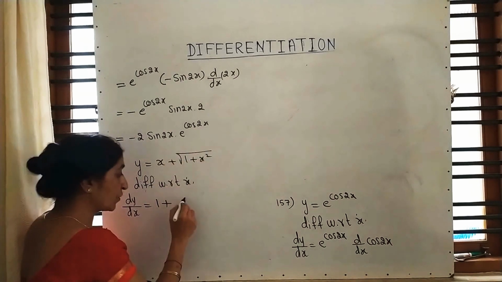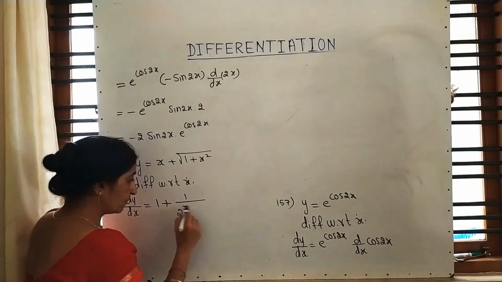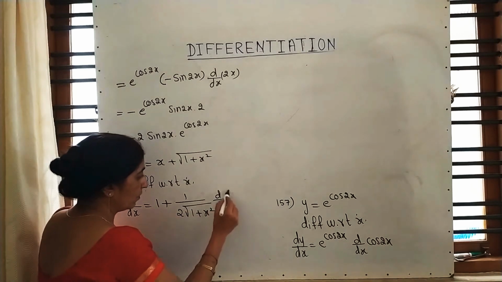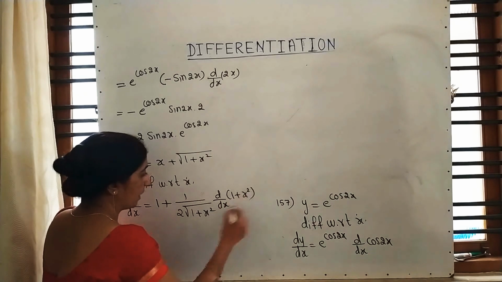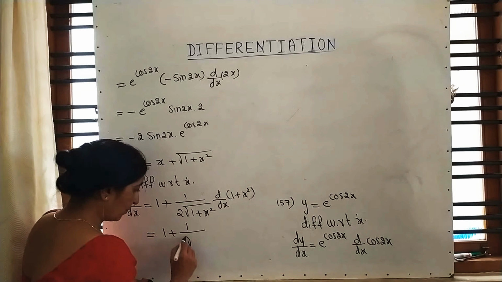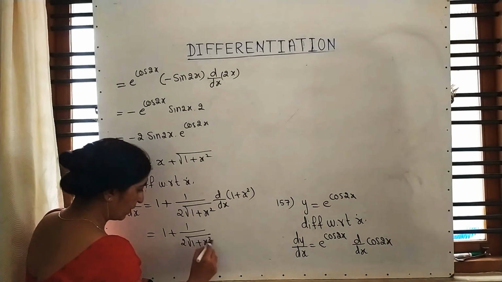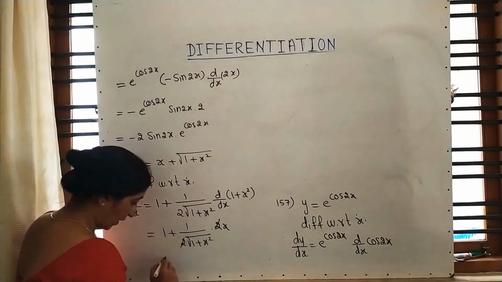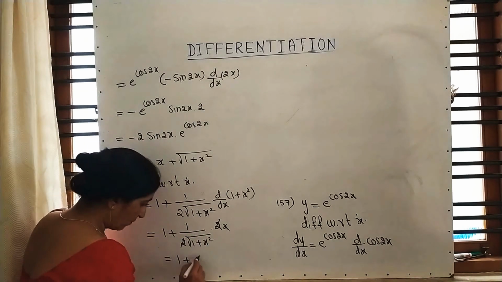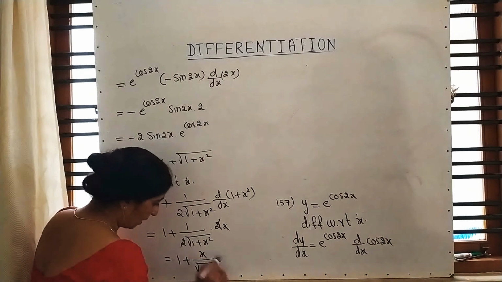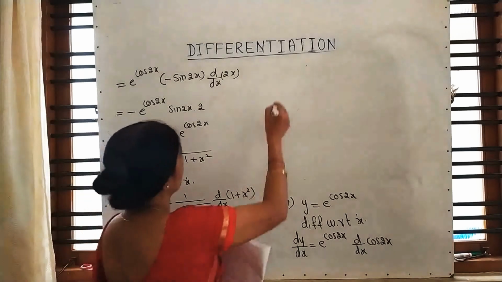First we have to differentiate the root, into differentiation of 1 plus x square. It is 1 plus 2 upon root of 1 plus x square into differentiation of x square, which is 2x. It is 1 plus x upon root of 1 plus x square. Understood? This is the answer.